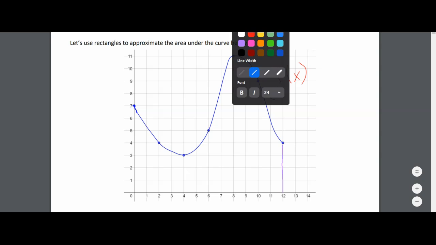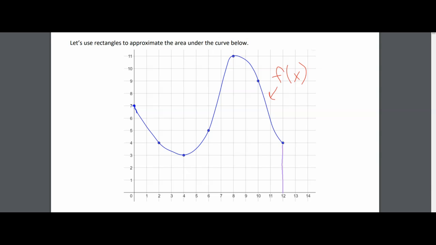And again, there are many different ways we can draw these rectangles. So I'm just going to do rectangles that have a width of 2.